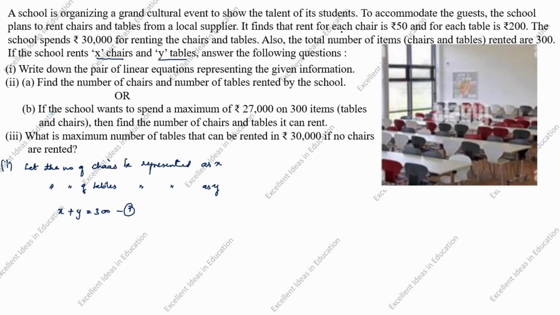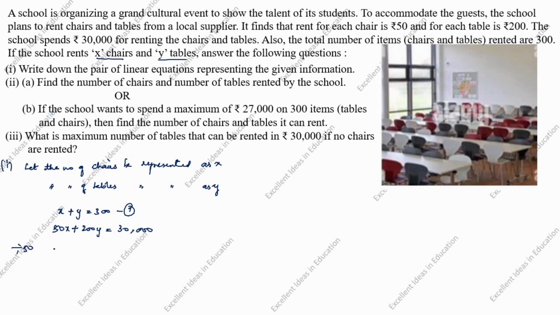Next equation. It finds that rent for each chair is rupees 50 and for each table is 200. The school spends 30,000 rupees for renting the chairs and tables. Chairs is X. So 50X plus table is 200Y equal to 30,000 rupees.